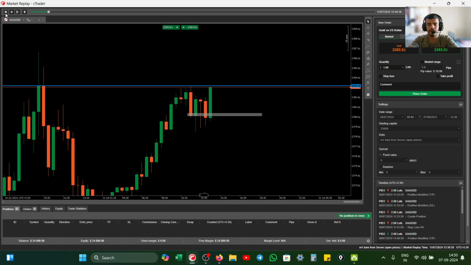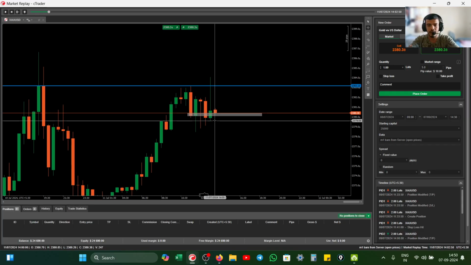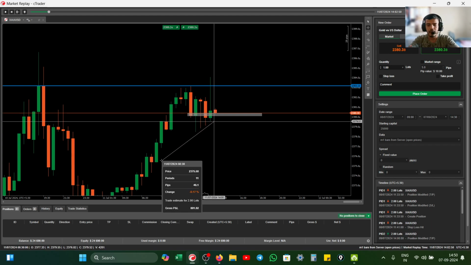Okay, you see, it's bullish, bearish, nothing. It's consolidating within a range. It's rejecting. Okay, it's rejected, and if the next candle starts to break the low of this candle, we can anticipate the next candle to go bearish.